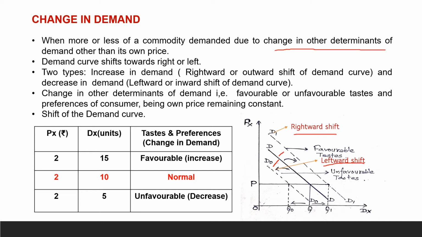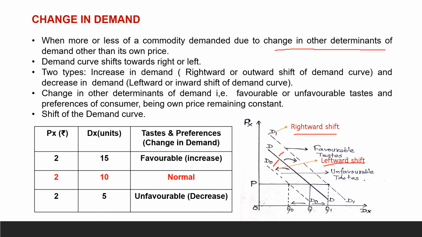It happens due to change in other determinants of demand, for example favorable and unfavorable taste and preference of consumer, other things remaining constant. In this case, the demand curve shifts towards right or left. So there is a shift of the demand curve, and a new demand curve is formed.